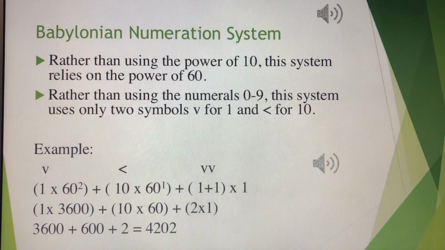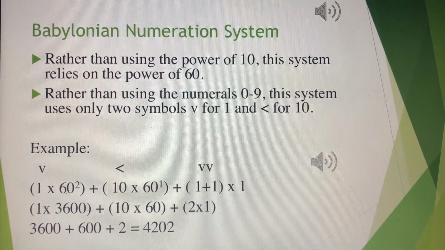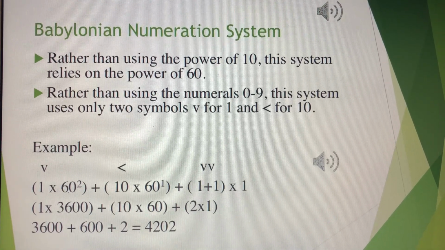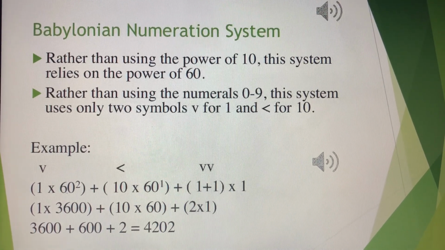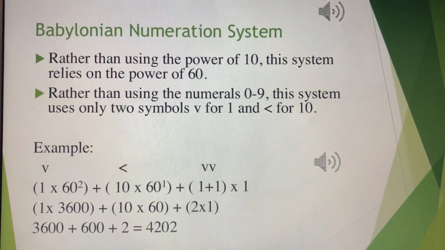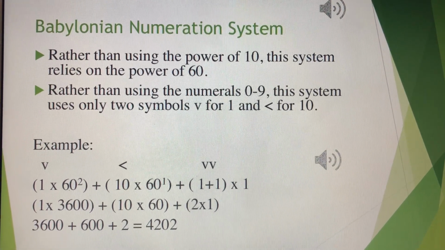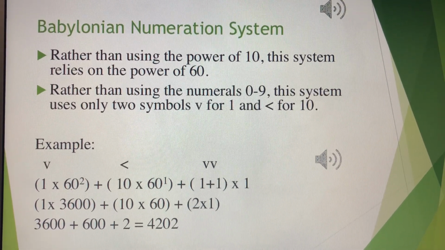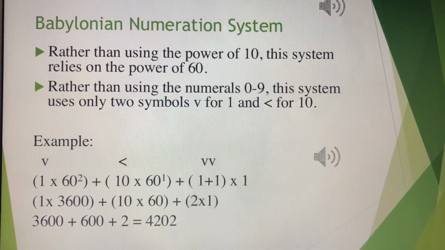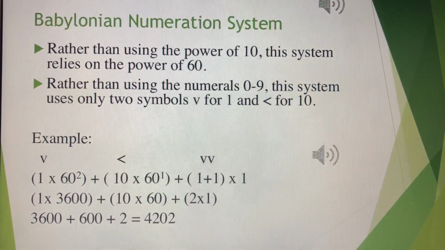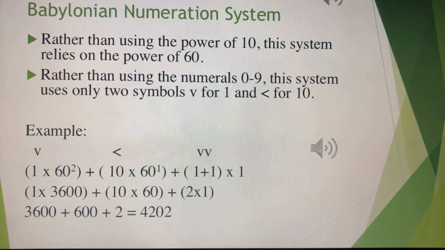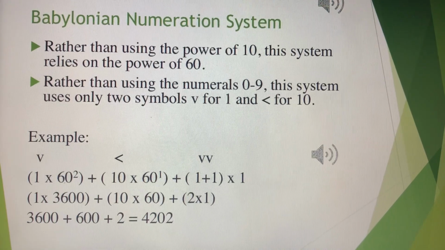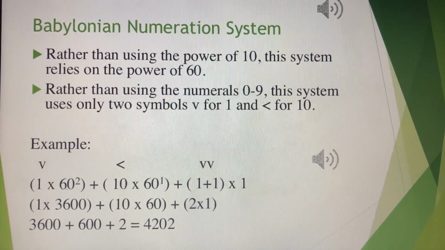So you do 1 because the down arrow is 1 times 60 squared, plus the left arrow is 10, so you do 10 times 60 to the first, which is just 60, and then you add that to the 2 down arrows, which just equals 2. And then you have your so-called ones place, which is just 1. And then you just solve all of that out, and you get 4,202 is what all those arrows equal.